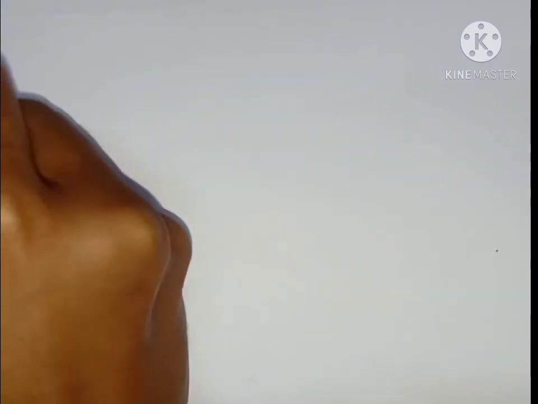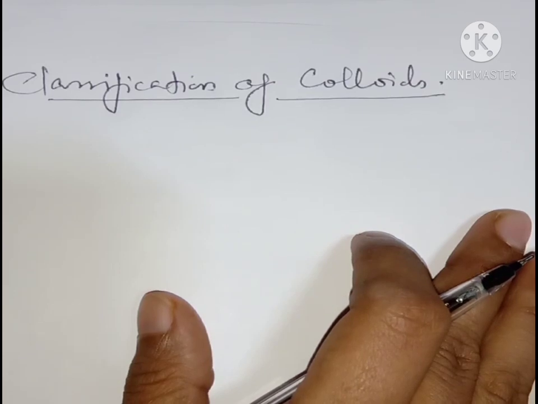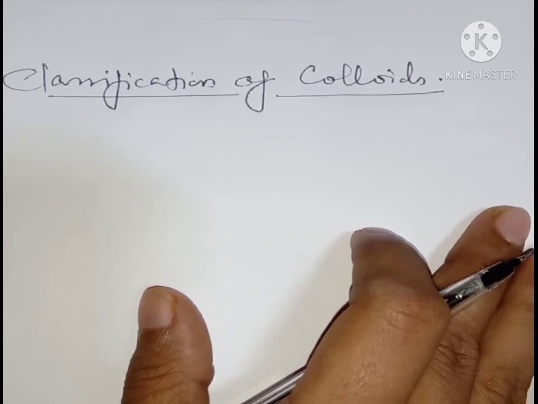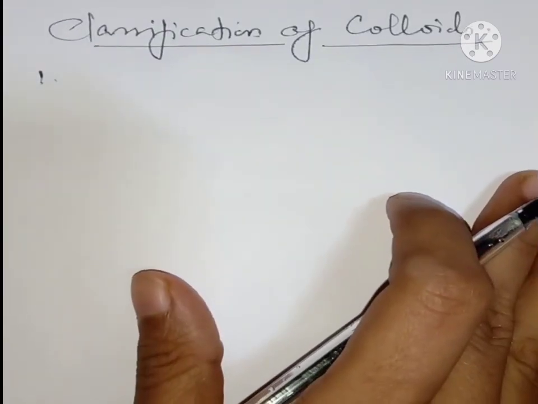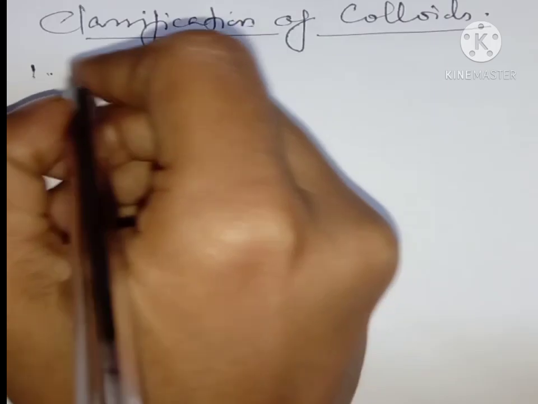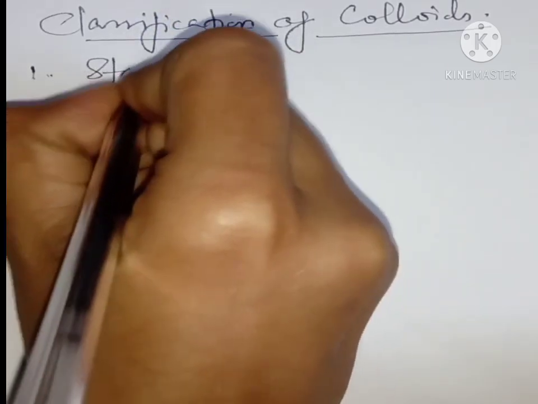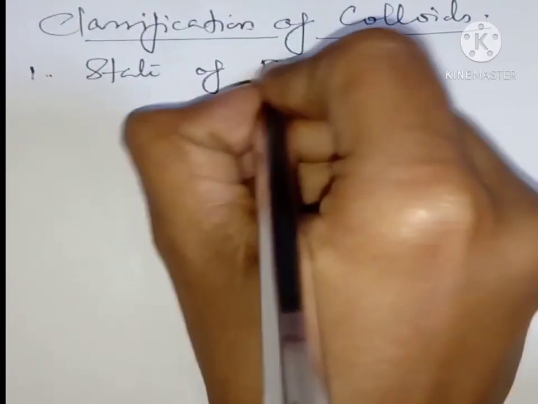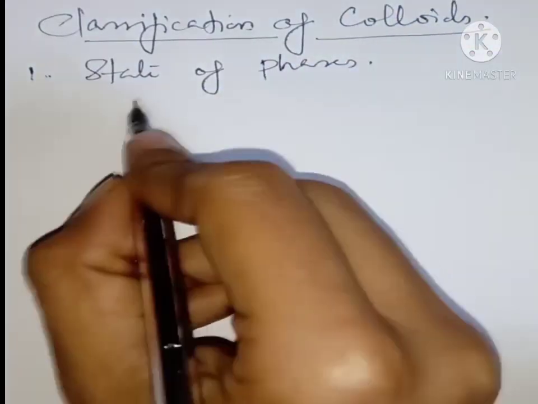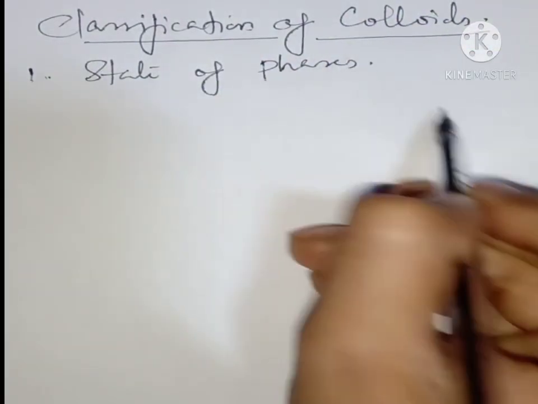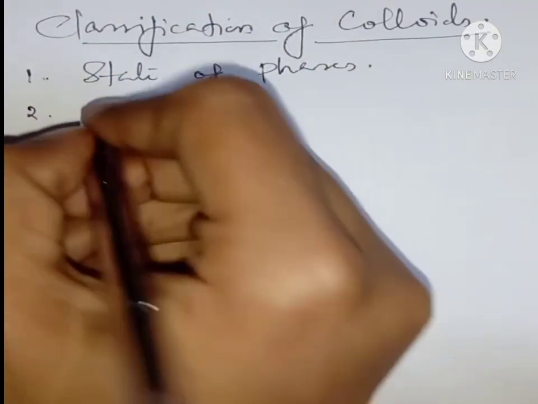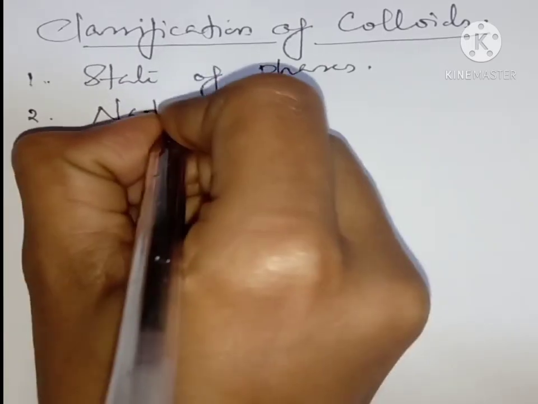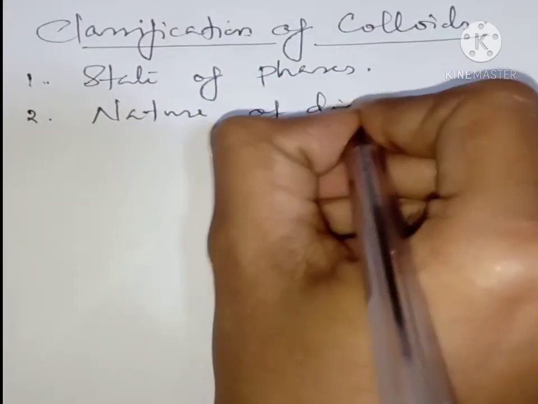Next one is classification of colloids. Different types of classifications are there based on the criteria we are taking. First of all, I am going to write the criteria used to classify the colloids. The first one is based on the state of phases, that is state of dispersed phase and dispersion medium. And the second criteria is based on the nature of the dispersion medium.